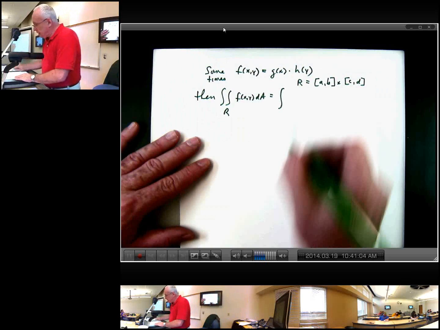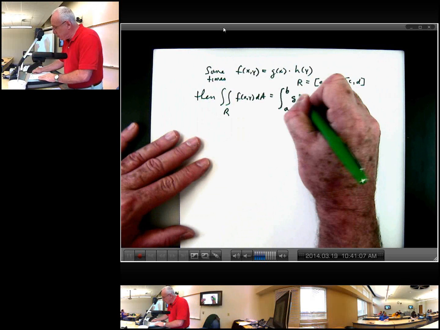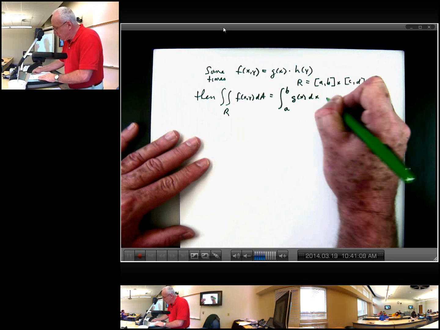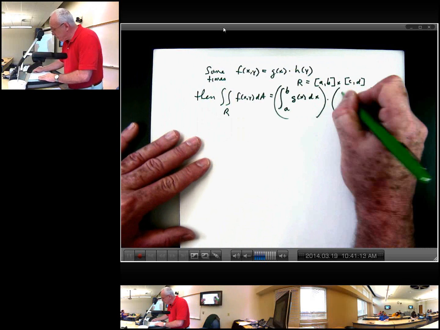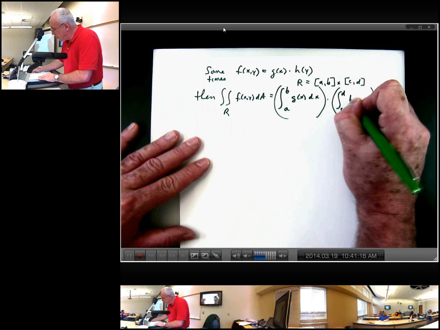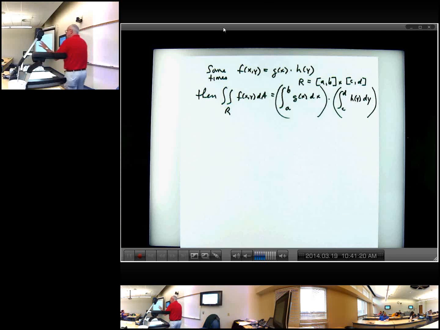This will be the antiderivative from a to b of the g of x function times the antiderivative from c to d of my h of y function. So what I really do in this case is I do each of the antiderivatives and multiply the results together. Let's look at one example of that.